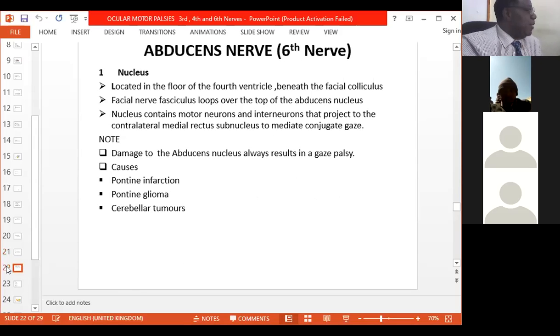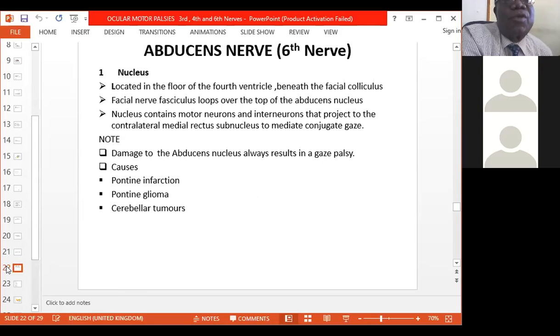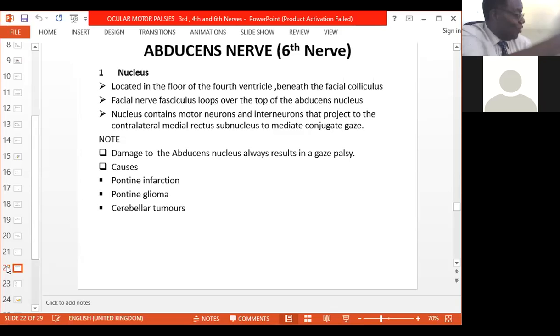Abducens is a nerve which supplies the muscle which abducts. Abduction. It's located in the floor of the fourth ventricle beneath the facial colliculus. Facial nerve fasciculus loops over the top of the abducens. Nucleus contains motor neurons and interneurons that project to the contralateral medial rectus. Contralateral, the other side. Ipsilateral is the same side.